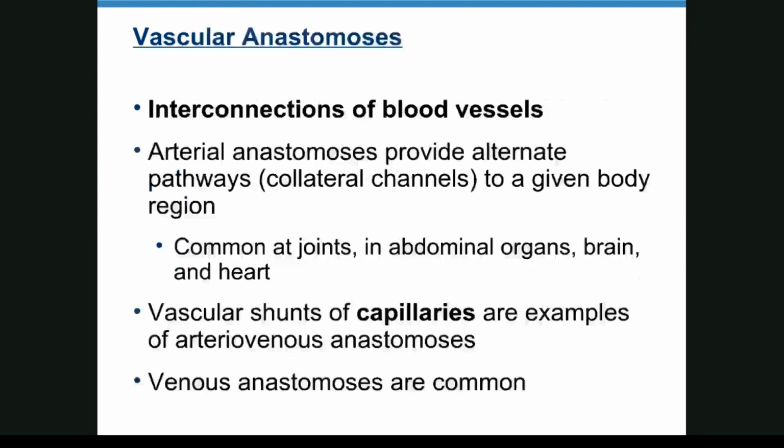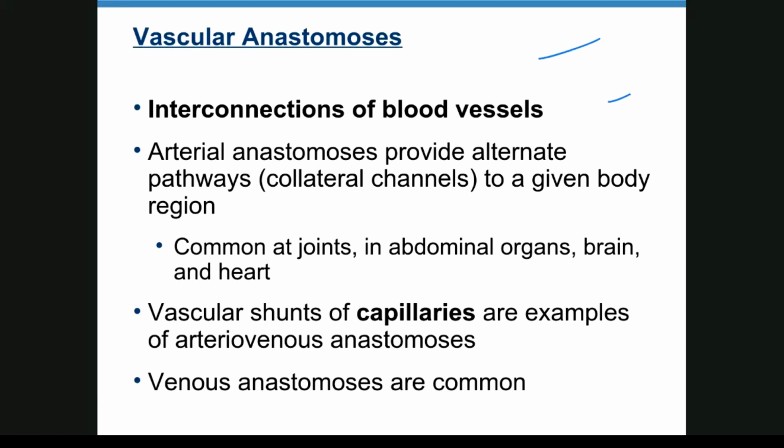Now, this is a little diversion from the original context, but an anastomosis is an interconnection between blood vessels. Reminds me of Spaghetti Junction in Atlanta. Instead of just going straight through 75, there's all kinds of different ways you can go. And so blood from one part of the body can go many different directions.